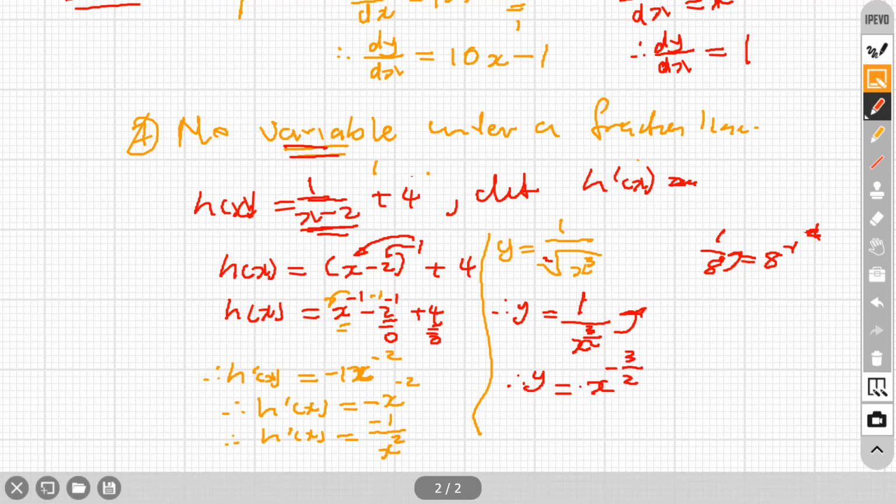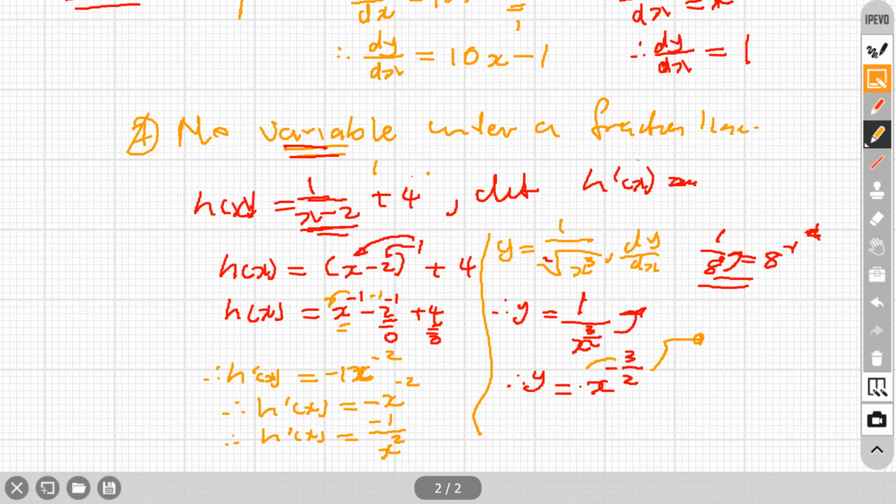The power becomes negative, remember, from that fact. Now we have everything sorted: no variable under a fraction line and no root sign. We can now differentiate. What were we asked to determine? We were asked to determine dy over dx.